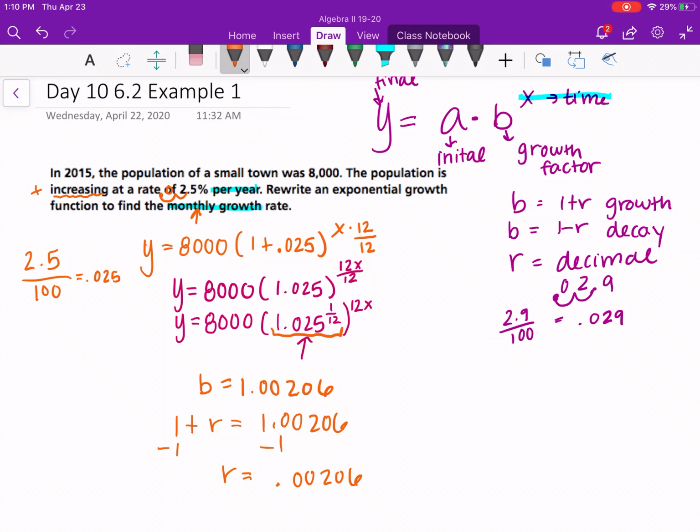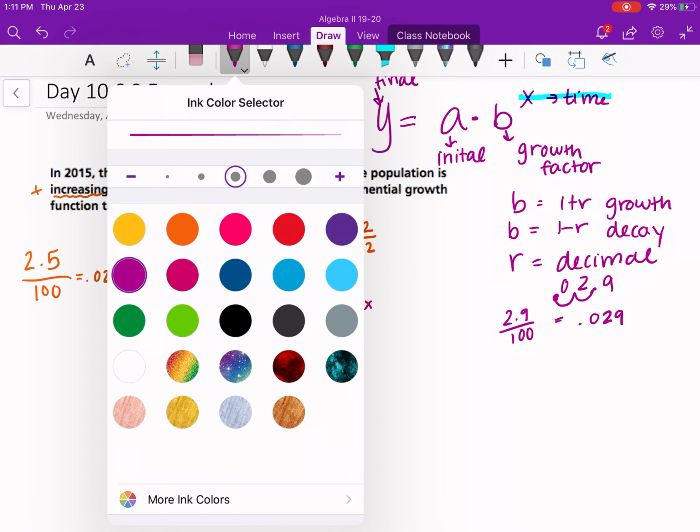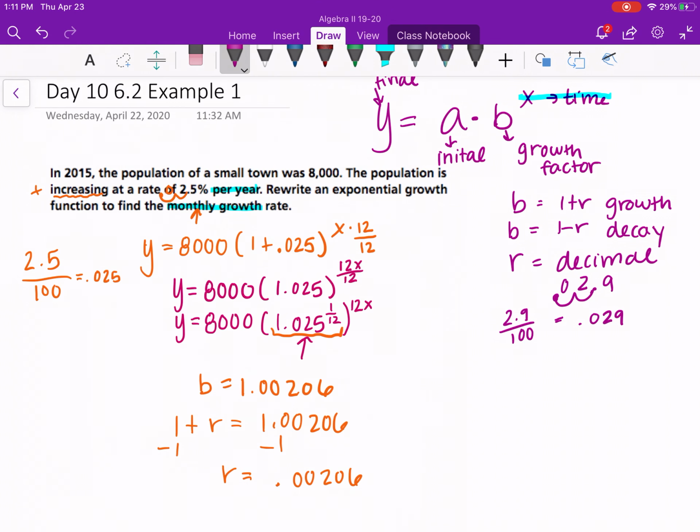So when you try this on your own, it's easy to think of it like this. I'm getting you guys ready to do your target. So if you've got y equals a times 1 plus or minus r to the 1 over n, to the n times t, this n value right here is going to be whatever the division of the year is.